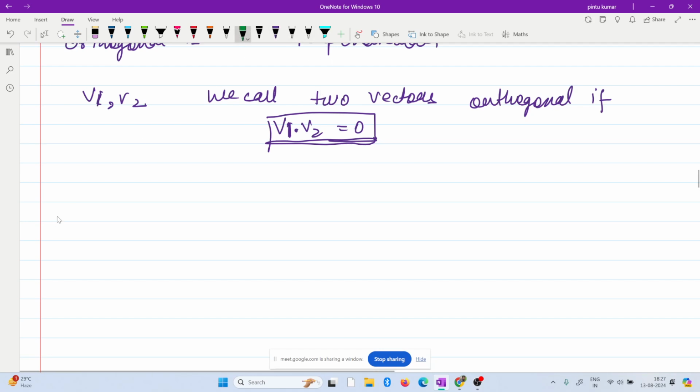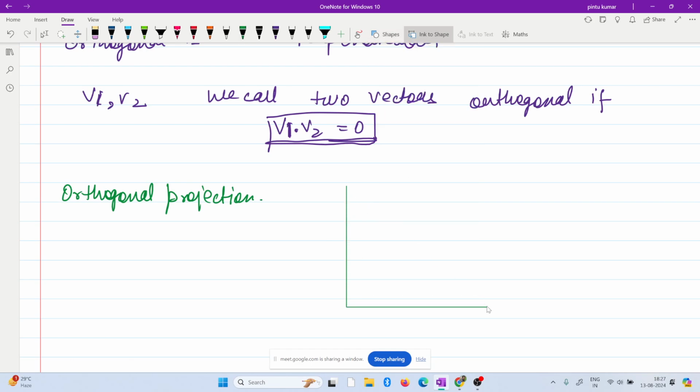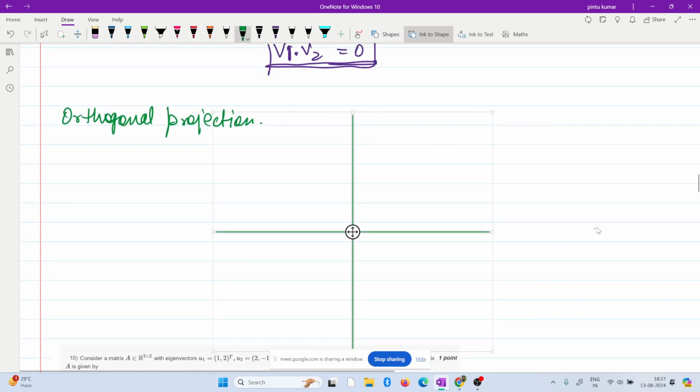Now you asked about orthogonal projection. Let's say you have two vectors.